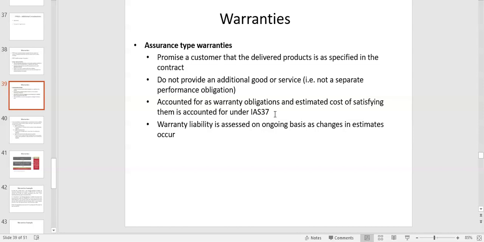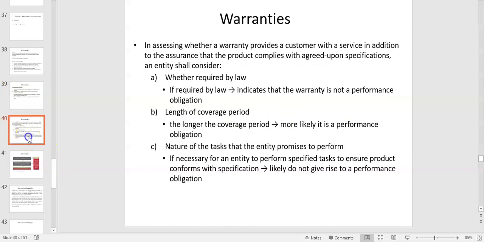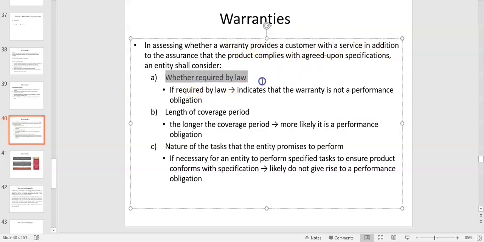So that's a key difference in IFRS 15 from the previous standards, that they drew that distinction between the service and the assurance type warranties. Right? So the key thing here, whether a warranty is a service or not, you'll figure out, is it required by law? Well, if it is required by law, for example, the Consumer Supply of Goods and Services Act, well then it's not a separate performance obligation. It's more likely to be an assurance type warranty.